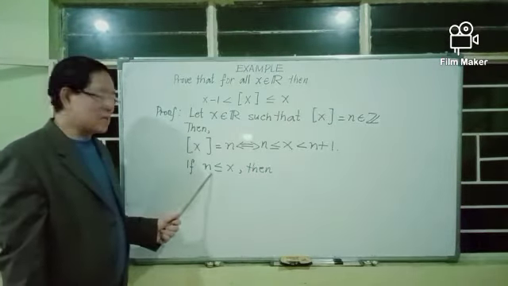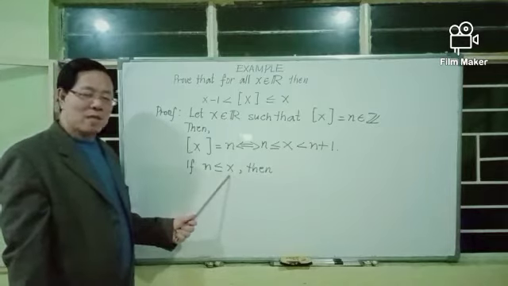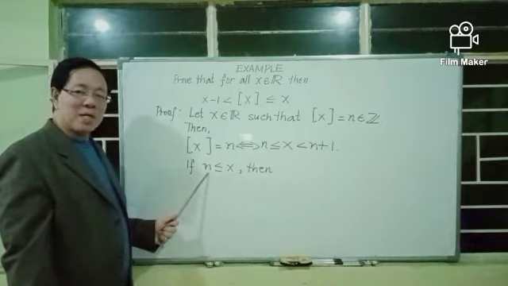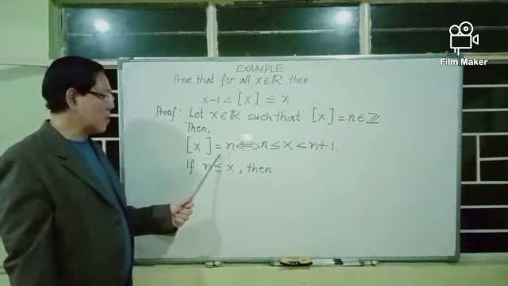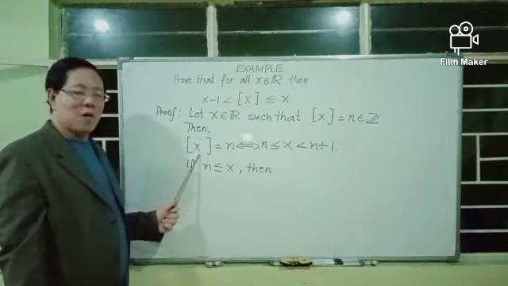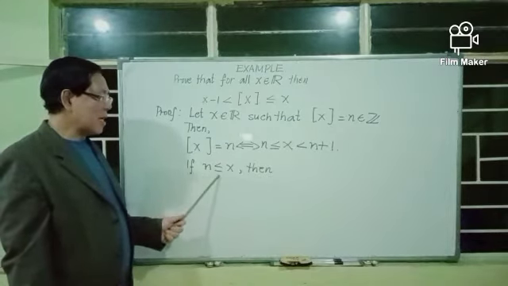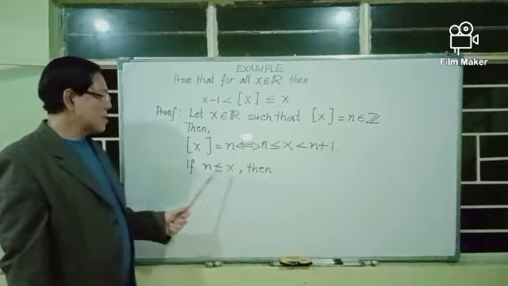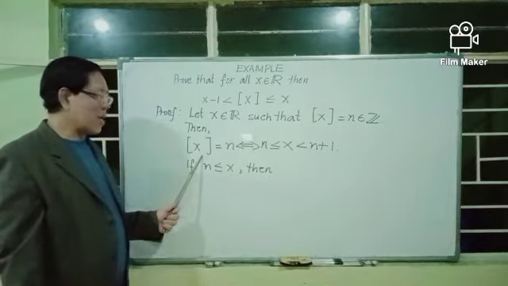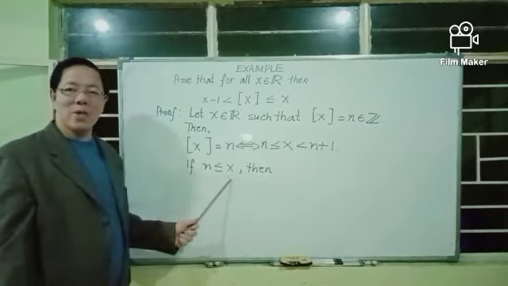If n is less than or equal to x, then we can replace n with the greatest integer function of x. If n is less than or equal to x, then the greatest integer function of x is less than or equal to x.